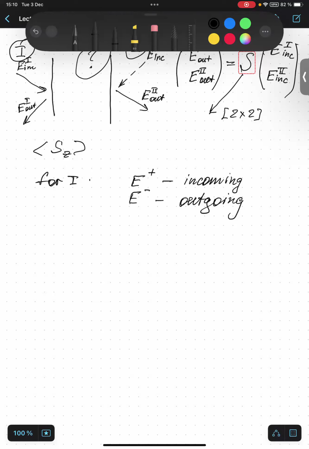Let's write the electric field E, as previously we have some E plus, e^(i kz z) e^(i kx x).